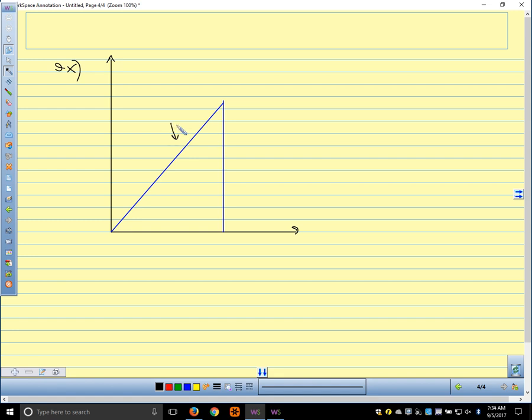This is y equals 2x. This point is 1, 2. So this is x equals 1. We want to find the center of mass, or the centroid.